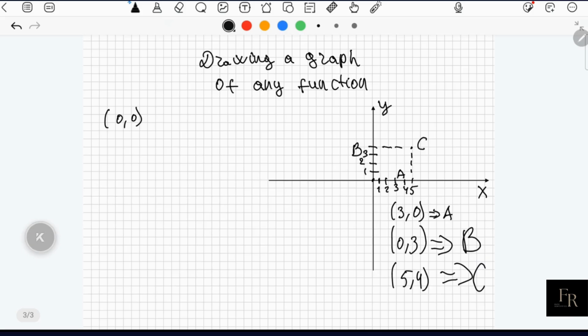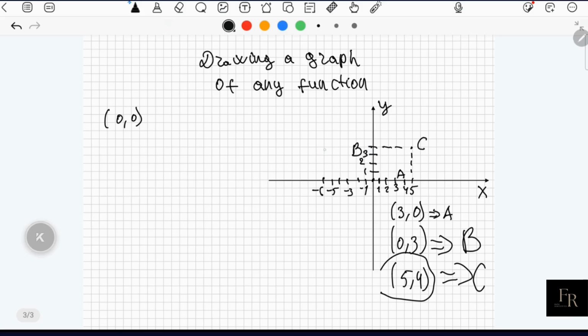Now we learned how we can put a point according to its coordinates. Let's make another point in the second quadrant. Here x is negative. Let's say -1, -3, -5, -6, and 4.